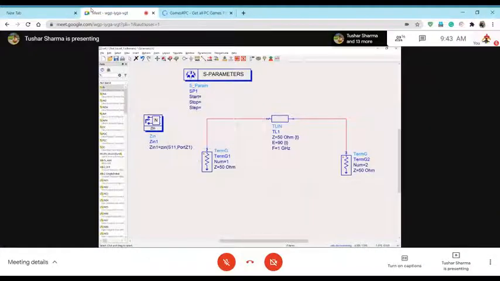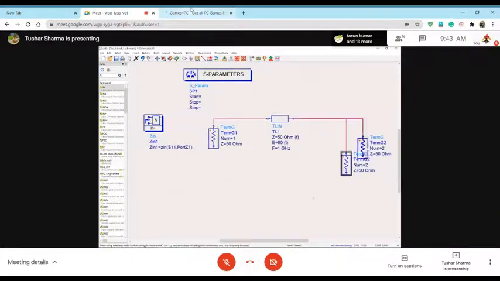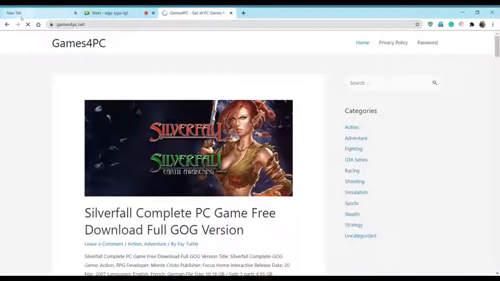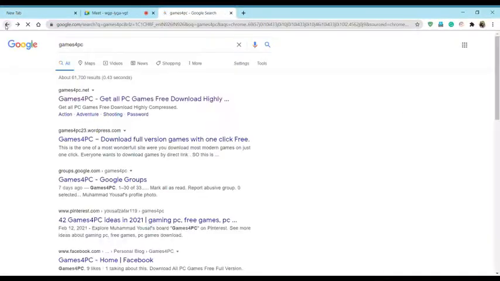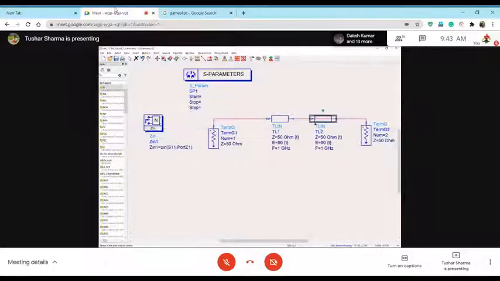Say, for example, I'm just putting random lines here. There is much more to it, and I will explain how to match two impedances and all that, but this is just a very introductory part. Say I change this to 25 and this to 40, and we are taking three lines here.